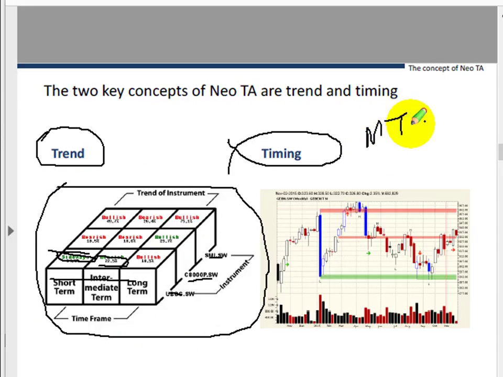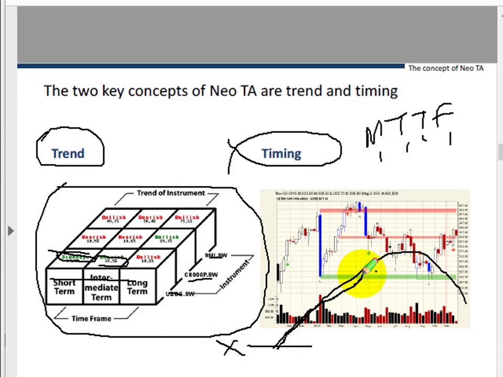MTTF, if you have any engineering background or are even familiar with the term, is mean time to failure. Every trend has a point where it no longer continues. In other words, it starts out, and it does that through a trend transition when it breaks a swing point. It becomes bullish, for example, and we could say that somewhere along here it got bullish. And as it goes up, eventually that trend will fail.